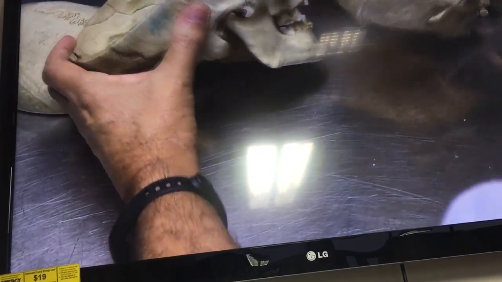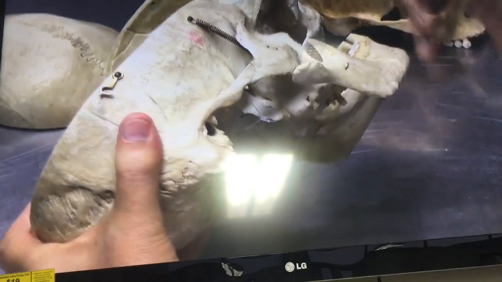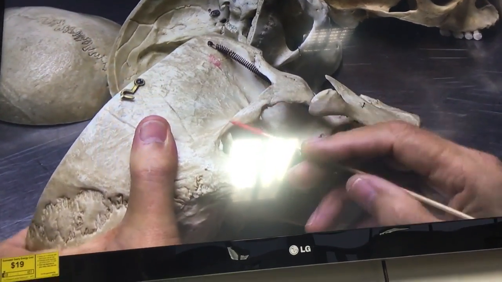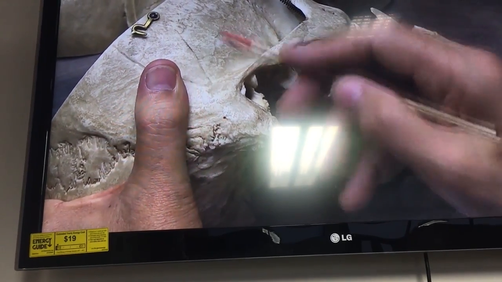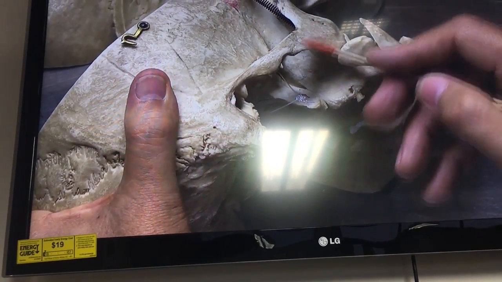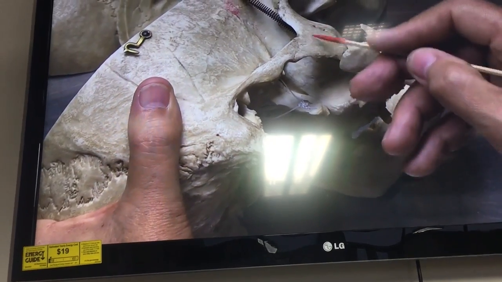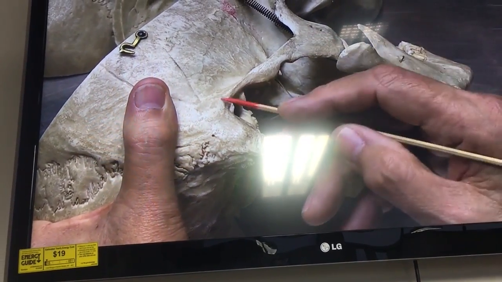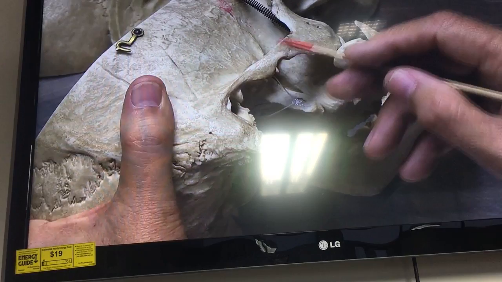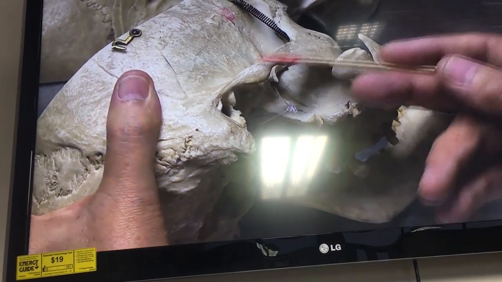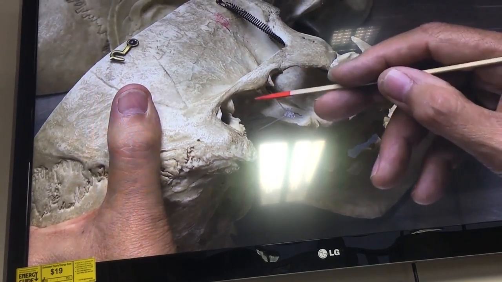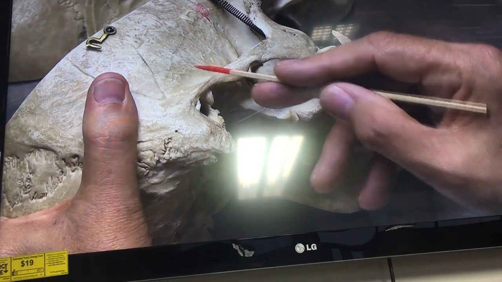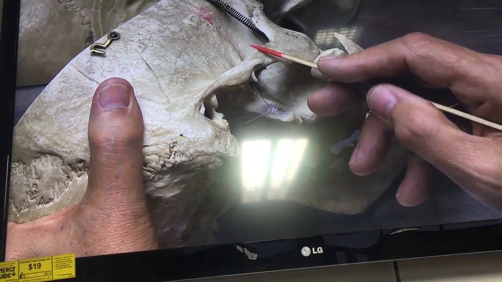We come to the zygomatic arch, made up of the zygomatic process of the squamous temporal bone and the temporal process of the zygoma. There are some important structures along here that we should know.